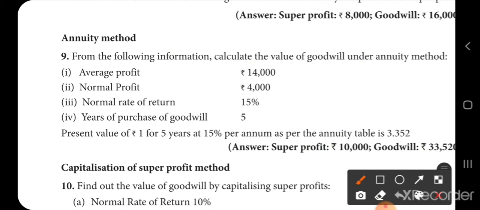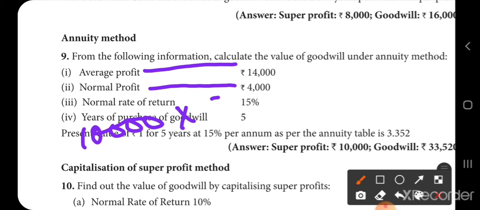Okay, see here, average profit is given. Normal profit is also given. So, straight away you can calculate the super profit, that is average profit minus normal profit. 14,000 minus 4,000, you get 10,000. Now goodwill is equal to super profit into value of annuity. So 10,000 into 3.352.